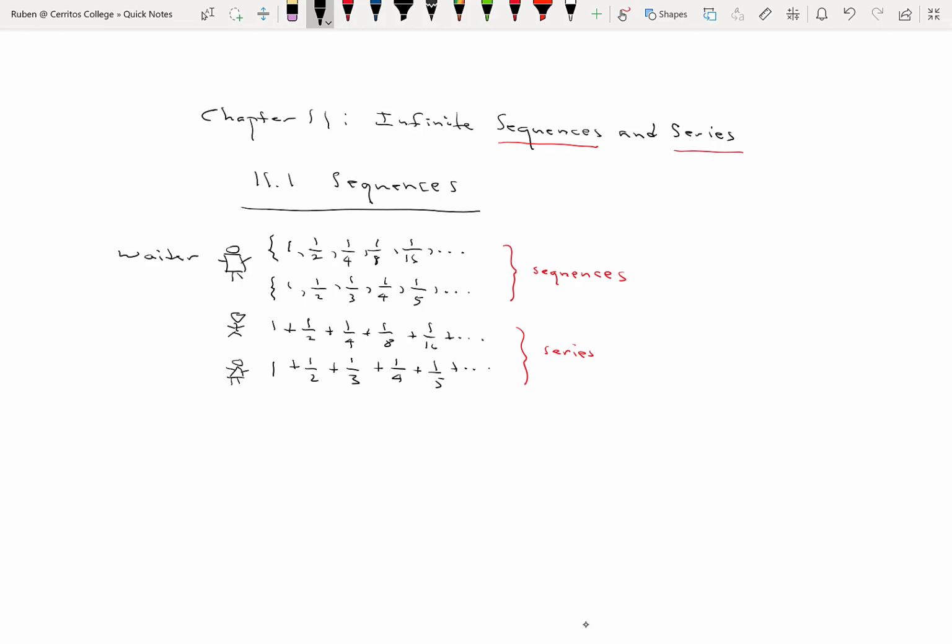Now, here's the thing with the two people on a date. One of them's going to die. It's going to take a very long time for that person to die, but one of the people on the date is going to end up eating an infinite amount of pizza as time goes on.